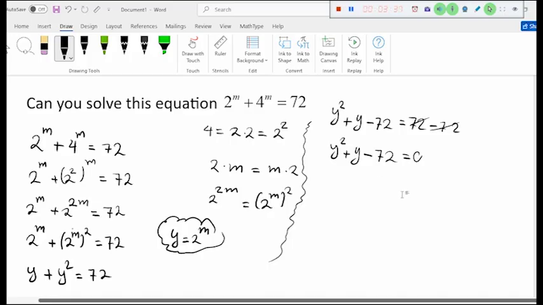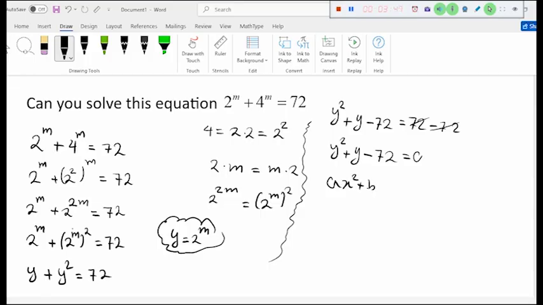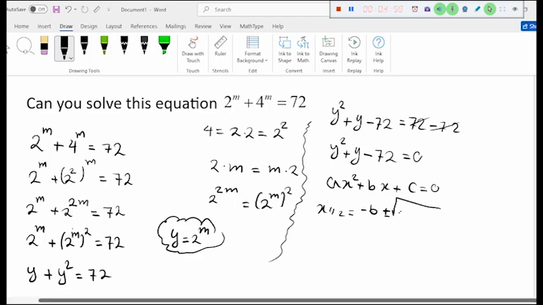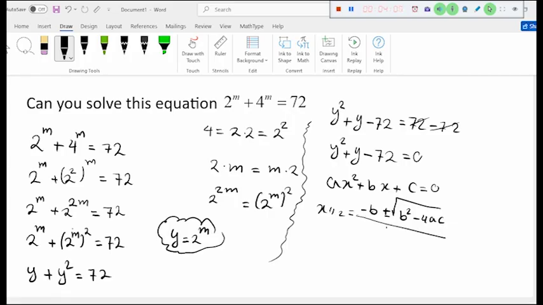So now let's take the form of a quadratic equation. We have the general form of a quadratic equation: ax squared plus bx plus c equal to 0, and the formula x1,2 equal to minus b plus or minus the square root of b squared minus 4ac, over 2a.